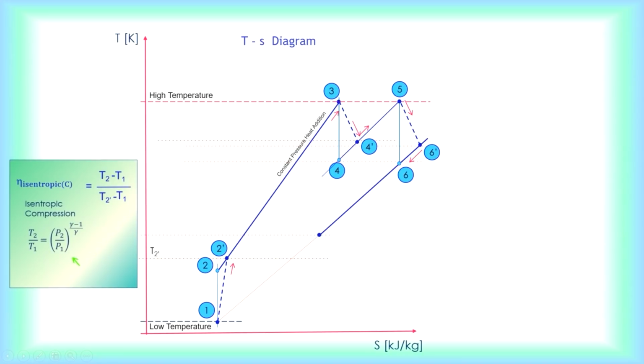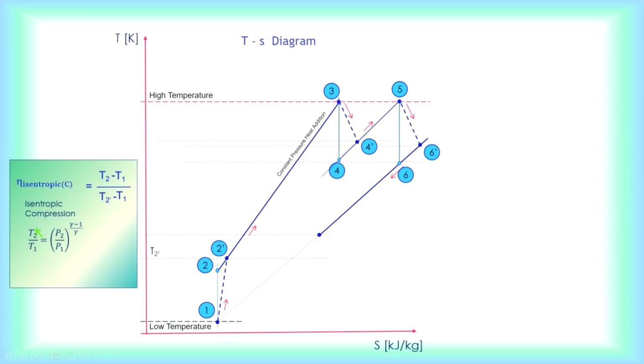And this would be the isentropic efficiency for 1 to 2. Remember, isentropic is here, so you can write T2 prime over T1. Take a look at your TS diagram: the actual points are always accompanied by a prime sign, so this will be 2 prime and this is 2.